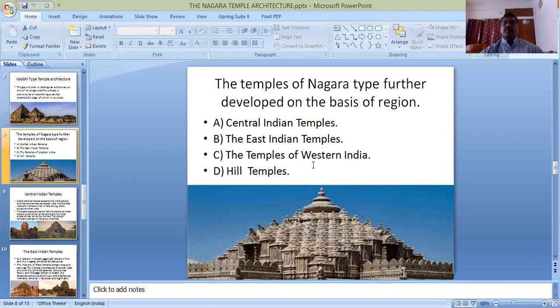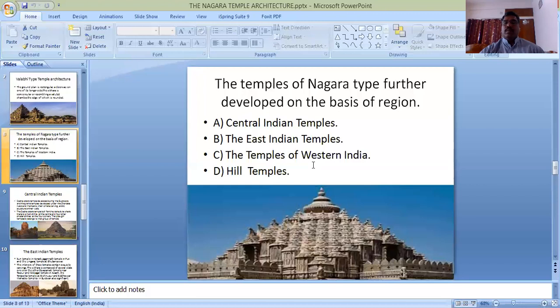That means Nagara temple architecture falls into different categories on the basis of different region.